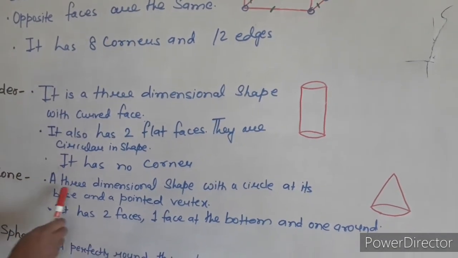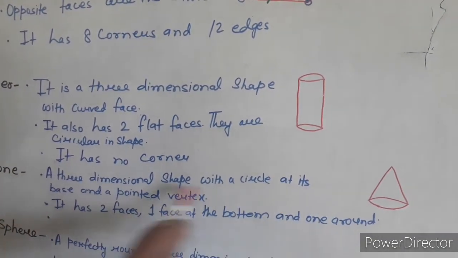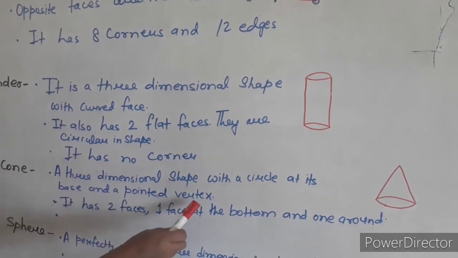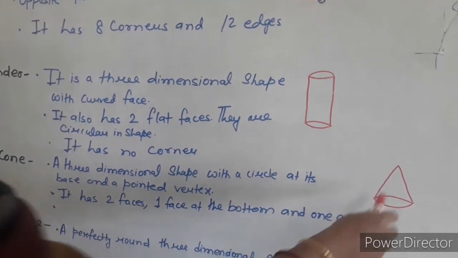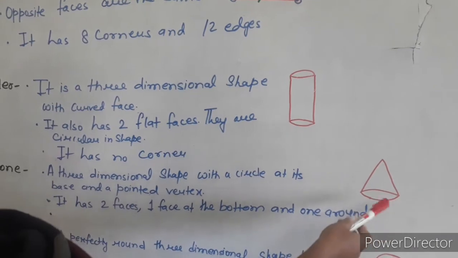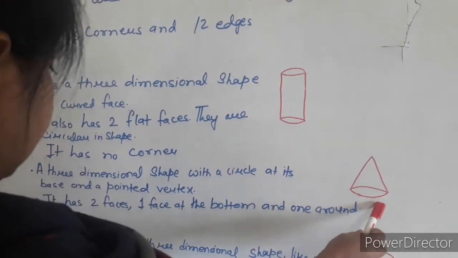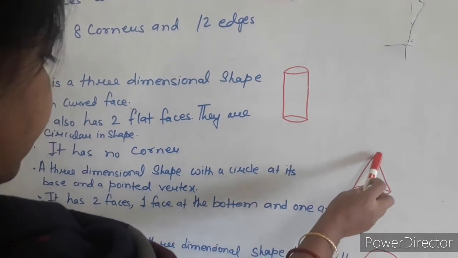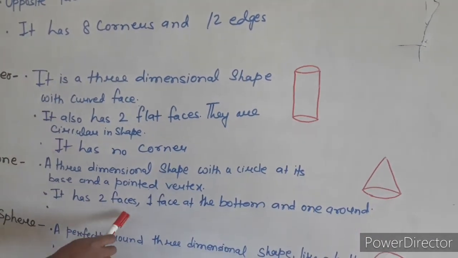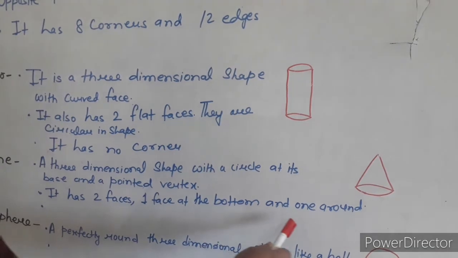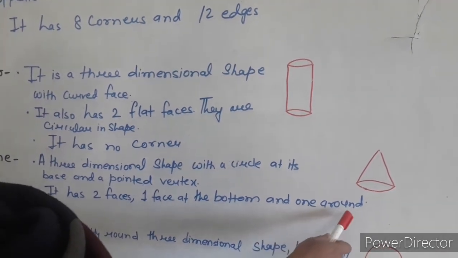Then cone. A 3-dimensional shape with a circle at its base and a pointed vertex. This is the circle at its base and this is the pointed vertex. And it has 2 faces, one face at the bottom and one around.